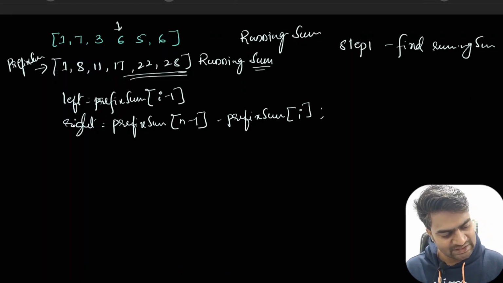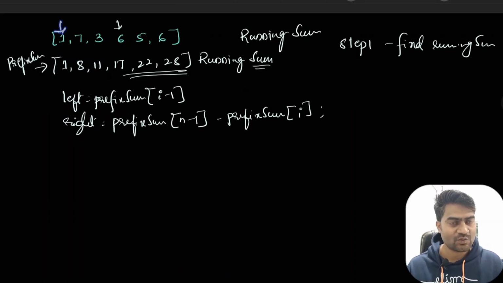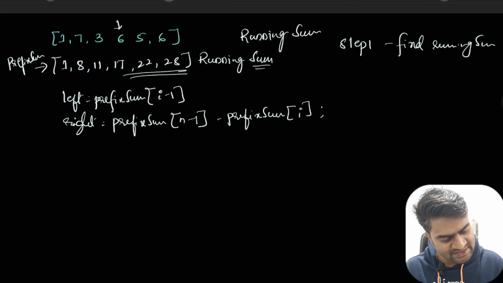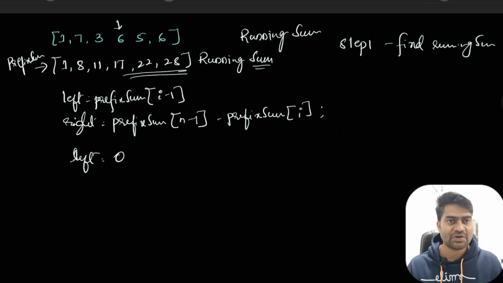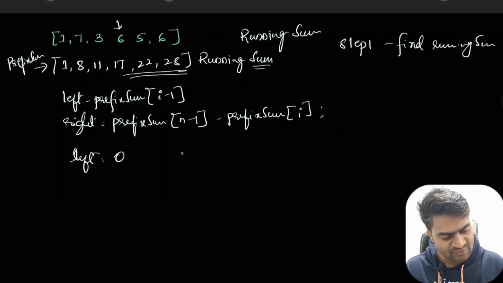So let us quickly look into its dry run. We have already seen it, but just for understanding, let us see. Now assume I am standing at 1. If I stand at 1, then my left will be 0, because I'm standing at the first number and there is nothing before that.